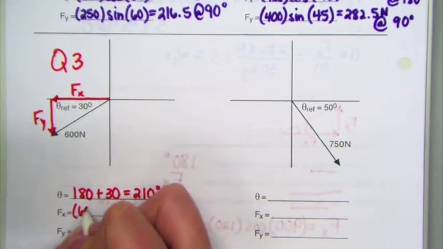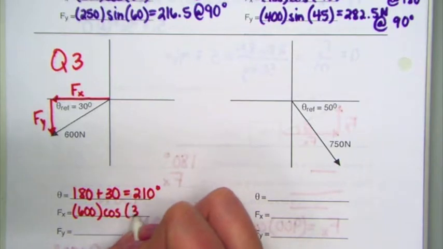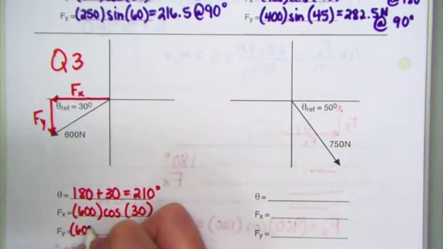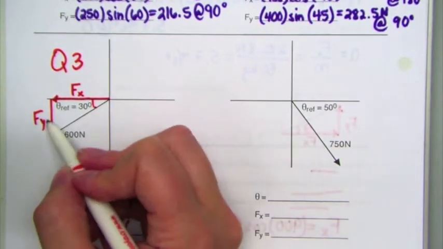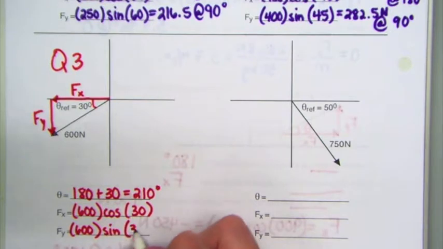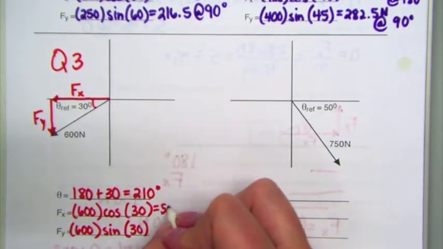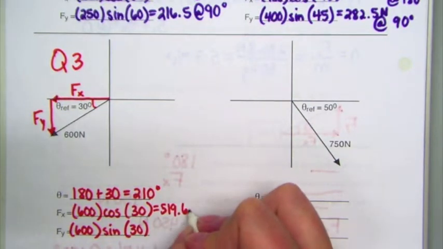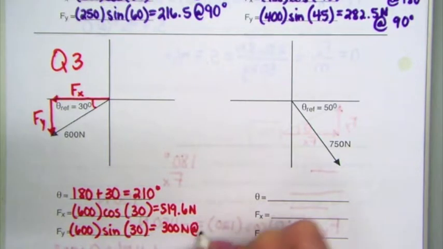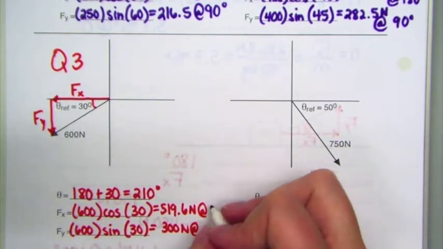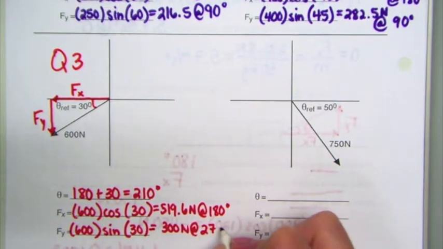And I'm plugging in my new numbers. Still using cosine for the x direction and sine for the y direction, right? X is the adjacent to the angle, y is the opposite to the angle. Okay, don't forget your directions. Left is 180, and down is 270.